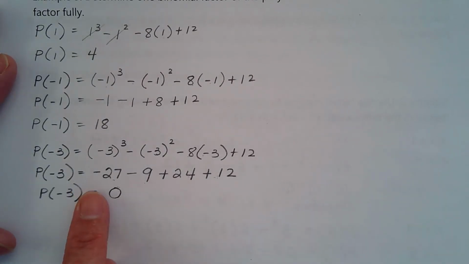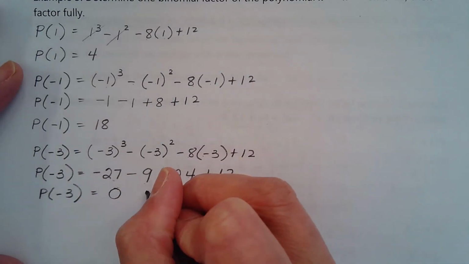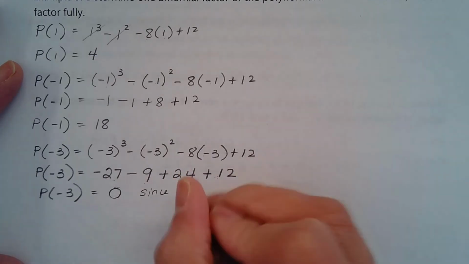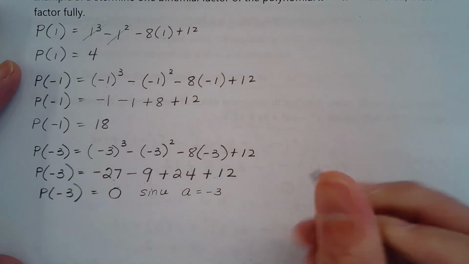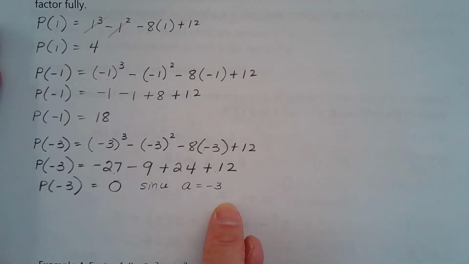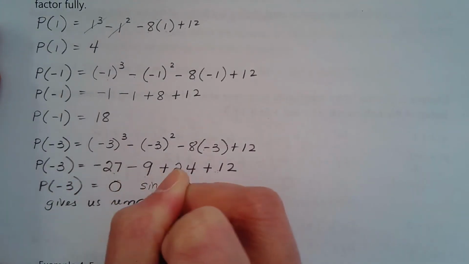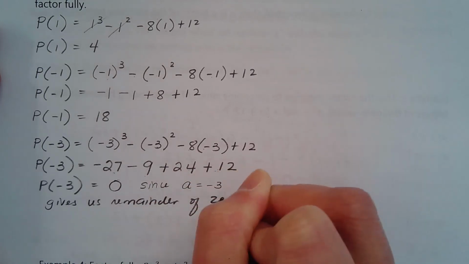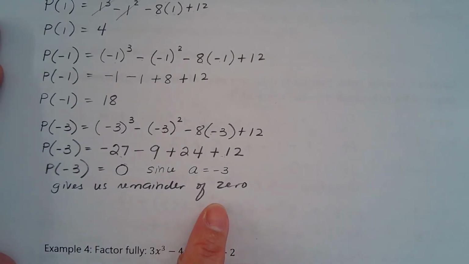So we got one factor. What's the factor? Since a equals negative 3 gives us a remainder of 0, then what's the factor?